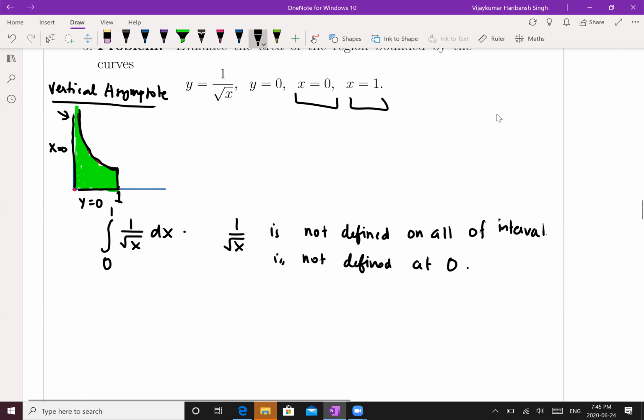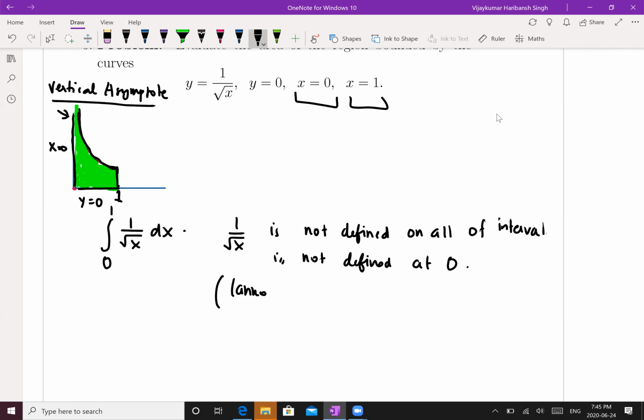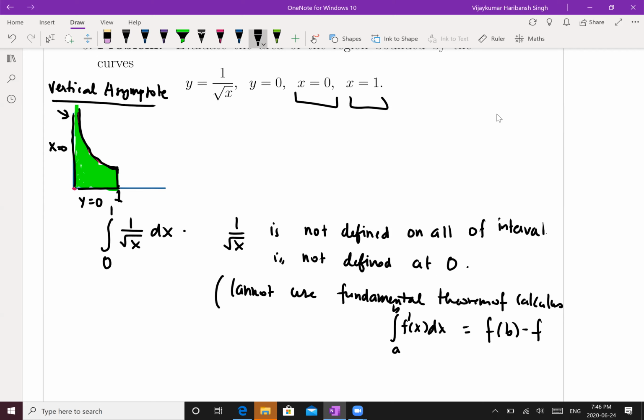So we cannot use the fundamental theorem of calculus. Precisely, you have the integral from a to b of f prime x dx, and if f prime is continuous on a to b, that equals f of b minus f of a. This was your second fundamental theorem of calculus. We cannot use that, because it's not defined at 0.